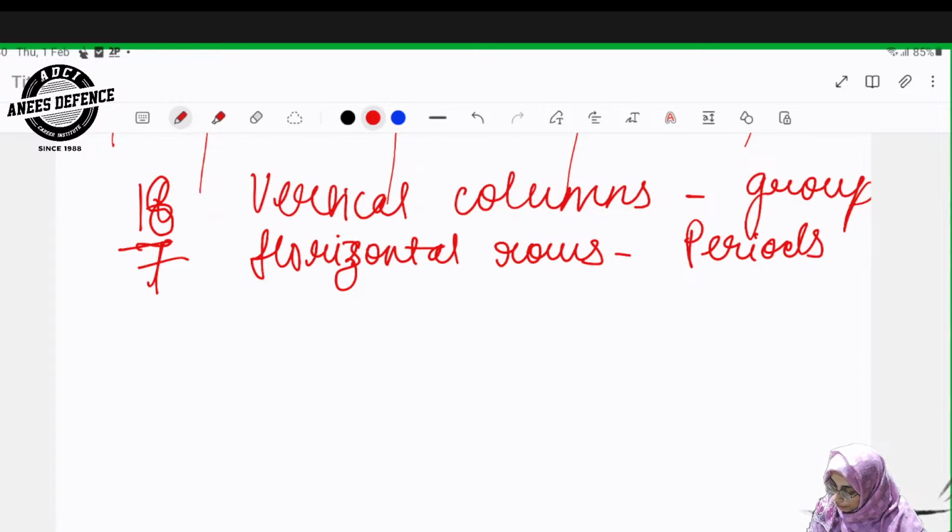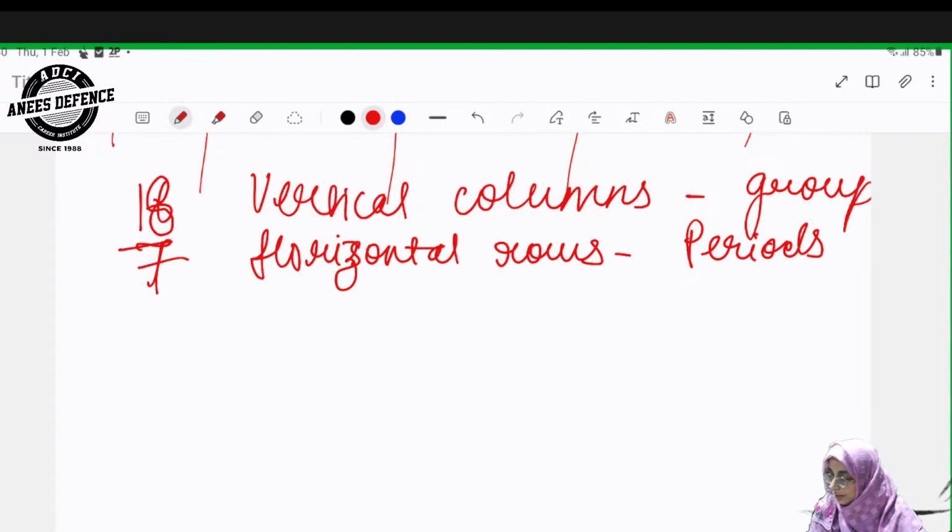The largest group, third B, the third vertical row, has 32 elements, including lanthanides and actinides. Each period's first element is an alkali metal, while the last element is an inert gas.